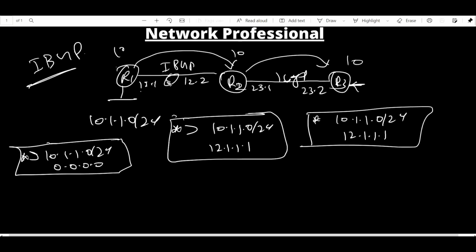So we will not advertise 12.1.1.0 in BGP. We can configure a static route for that. Once we configure a static route and this router is reachable to 12.1.1.1, this route will automatically be best, and then this router will store this route in their routing table as well.